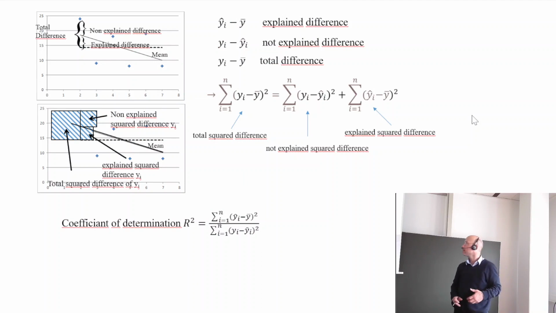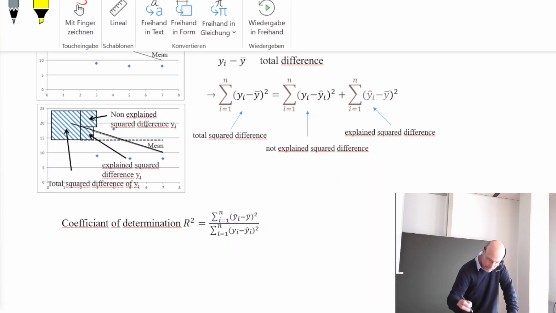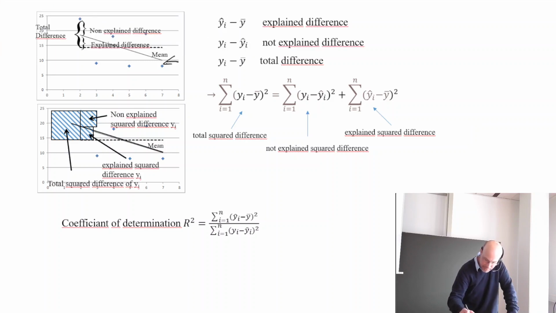And here, this graphical interpretation again. In general, we have our fitted line. The dotted line here should be the mean, so this is x bar.